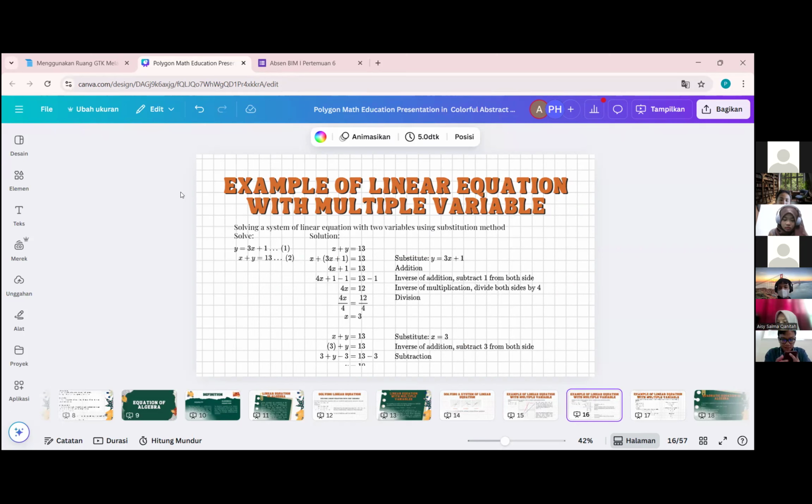Mungkin itu aja yang menjadi catatan. Sisanya karena materinya terlalu luas, mungkin nanti kelompok selanjutnya difokuskan aja materinya. Kalau kelompok ini mau ambilnya hanya linear dan kuadrat aja itu tidak masalah. Jadi fokus aja ke persamaan dan ketidaksamaan linear dan kuadrat.